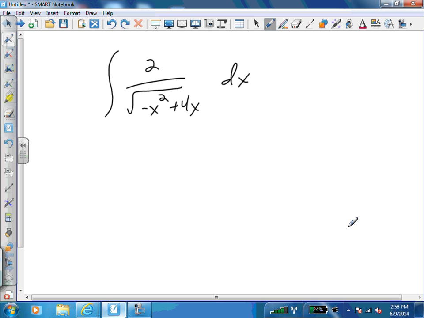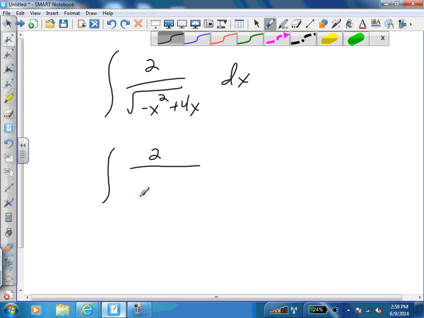No. No constants on bottom. Well, if we did that, that still doesn't really get us at a u squared plus an a squared. Good thought, but it just doesn't quite work.